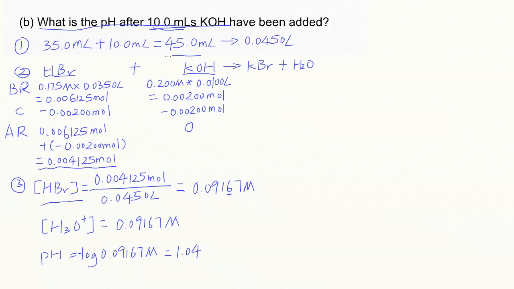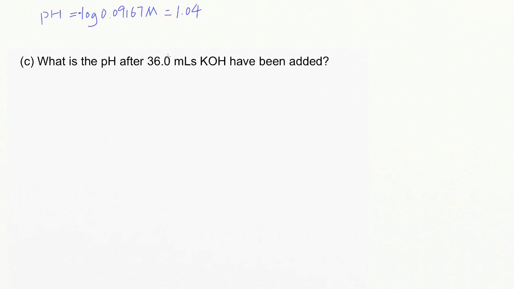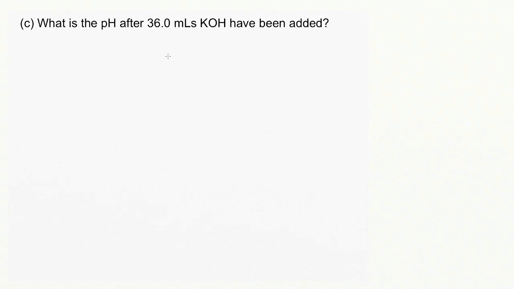How about question C? Question C is asking you to calculate the pH value after you add 36 ml of the potassium hydroxide. Remember, when we did question A, we know that you need 30.6 ml of the potassium hydroxide to reach the equivalence point. Now you add an excess amount of potassium hydroxide, so hydrogen bromide will be consumed completely, but you would have potassium hydroxide left.